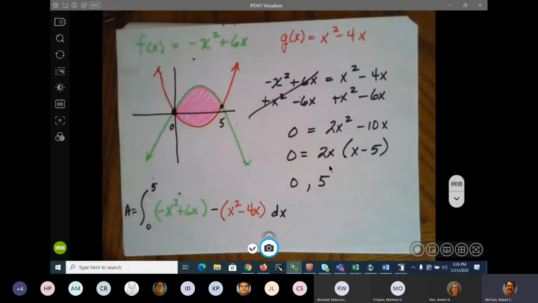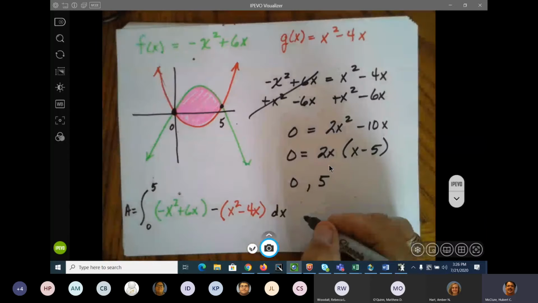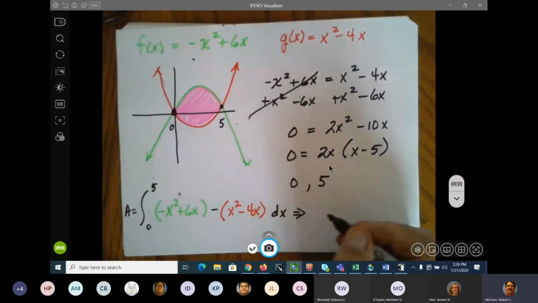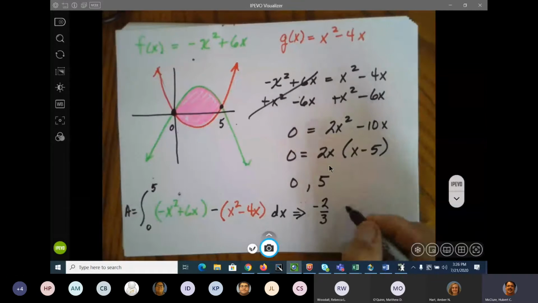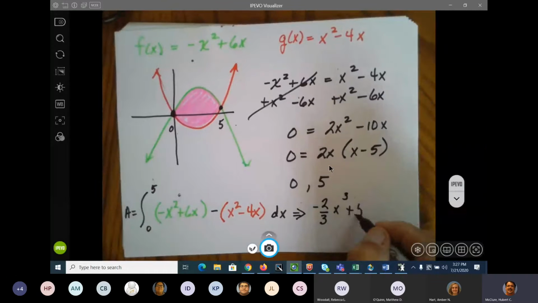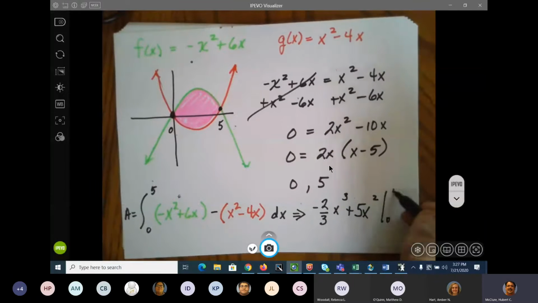And this one, I'll give you the setup. The setup is negative, I'm going to draw an arrow, negative 2/3 x cubed plus 5x squared evaluated from 0 to 5.